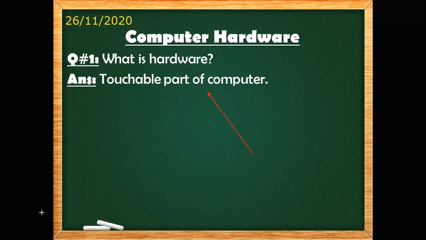So right now only one student is done. Abdul Aziz is done with his question. Very good. Anybody else? I think Sharif raised his hand, but he lowered it.